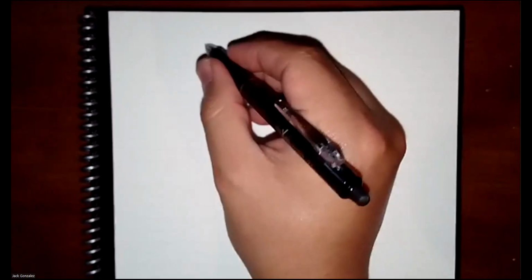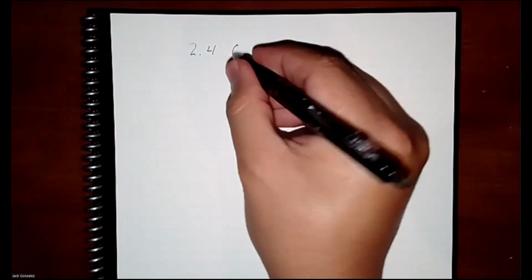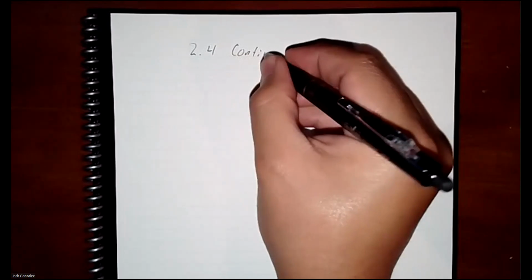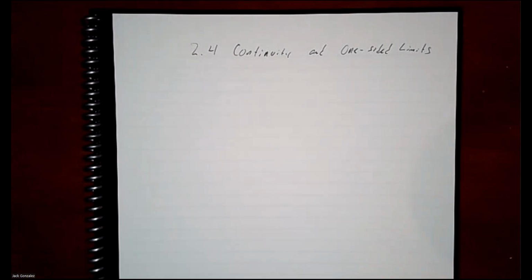So this is 2.4. Continuity and one-sided limits. We just talked about one-sided limits. Now let's talk about the definition of continuity.